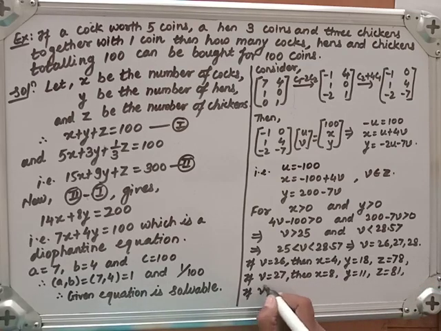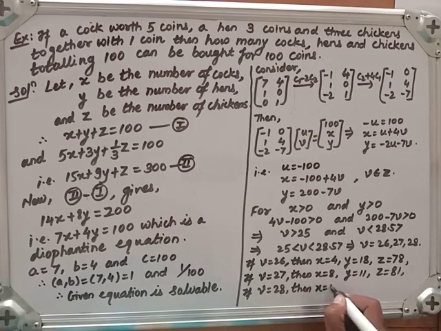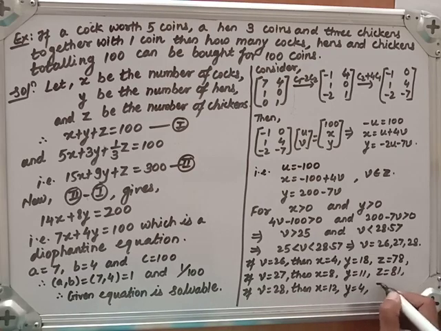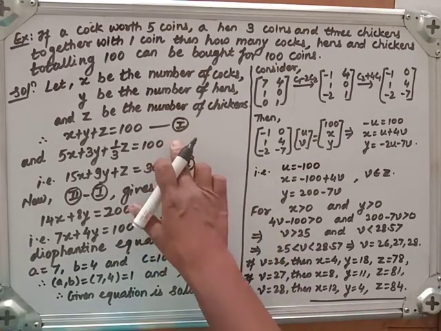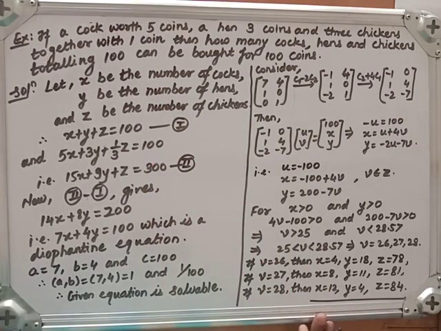If v is equal to 28, then x is equal to 12, y is equal to 4 and z is equal to what? 84. These are the possible cocks, hens and chickens which can satisfy this condition. Now let's go for the next question.